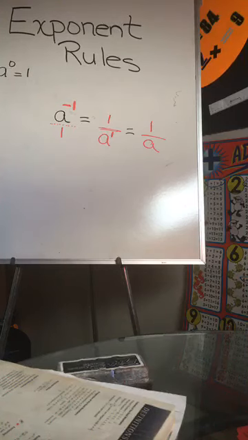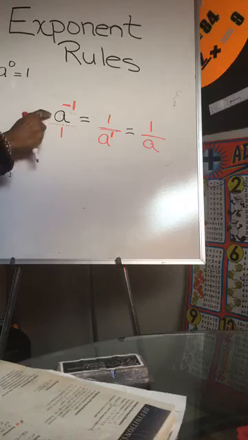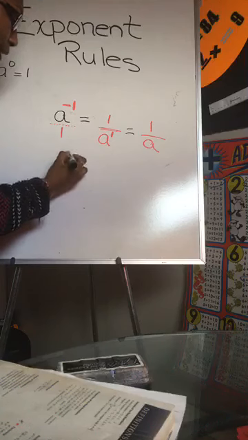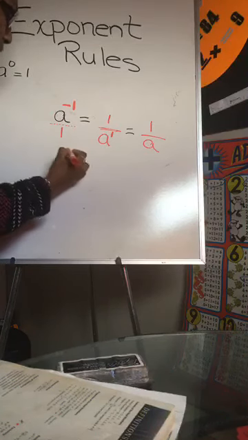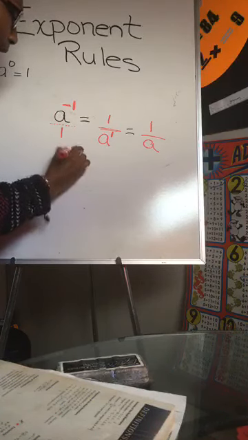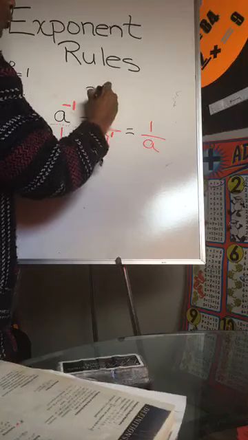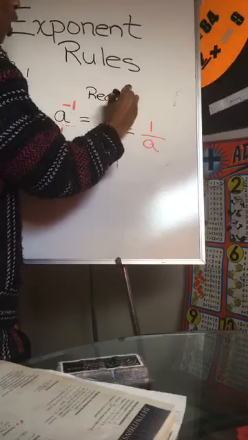Okay. So now let's do an example with substituting the variable with a number. So let's use 3. So if I have 3 raised to the negative first power, it is going to be the reciprocal, okay? I'm going to just write that, reciprocal.